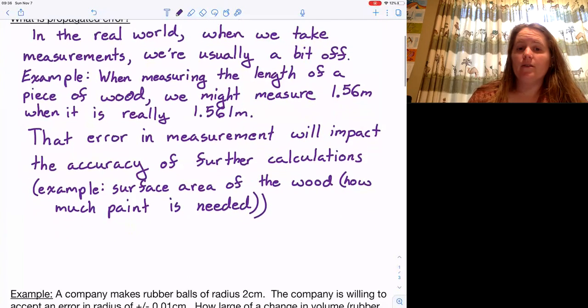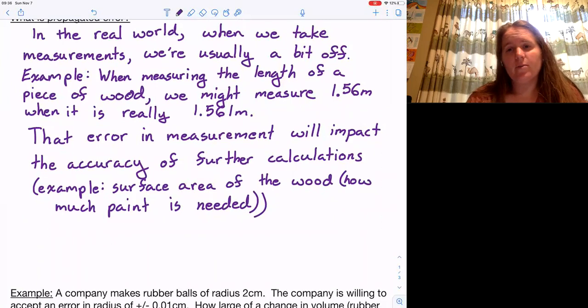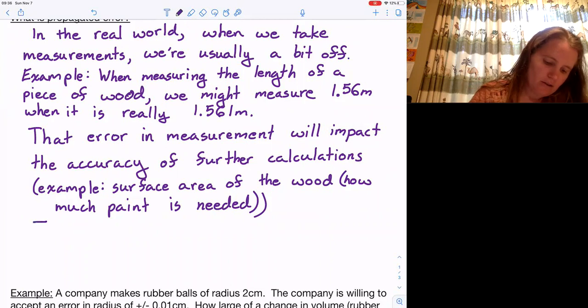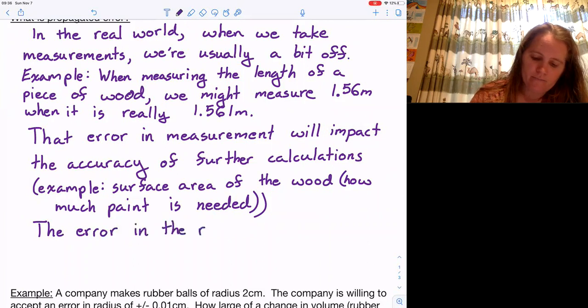So the error in this new calculation is going to be our propagated error, because it comes from an error in one measurement, but then it's passed forward through calculations. So the error in the resulting calculation is called propagated error.